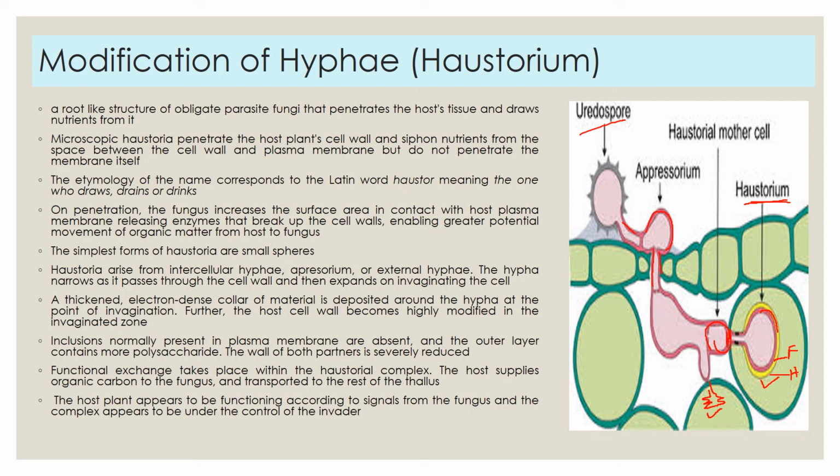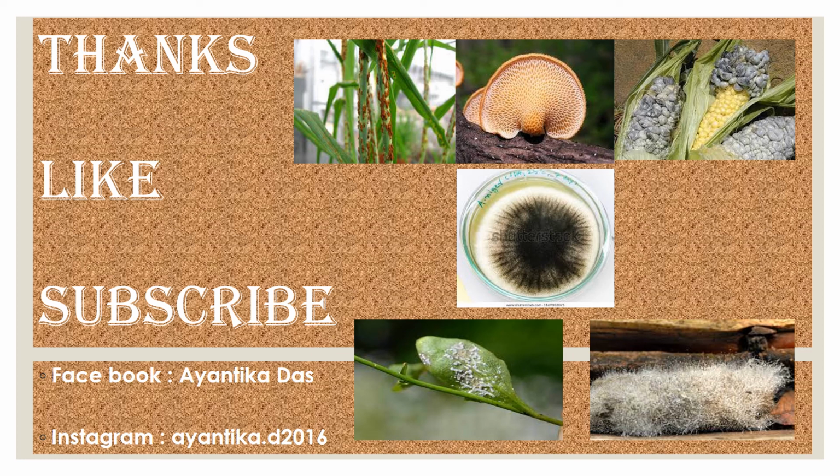Food is mostly absorbed directly from the cytoplasm with the help of the plasma membrane. So the plasma membrane of the host cell as well as the hyphal membrane help in conduction of food from inside the host cell to the fungal protoplasm. So this is all about the modifications, and with this, I come to the end of this video.